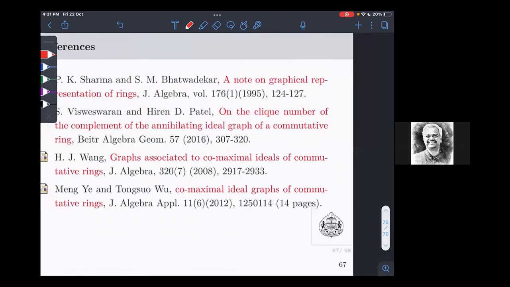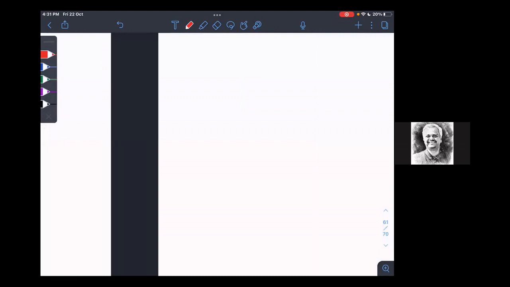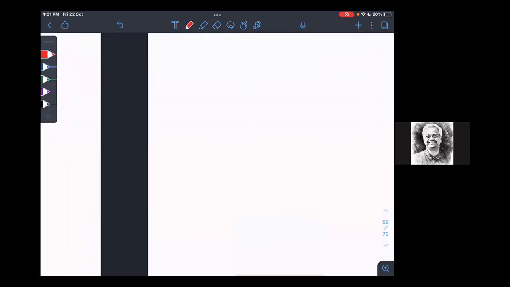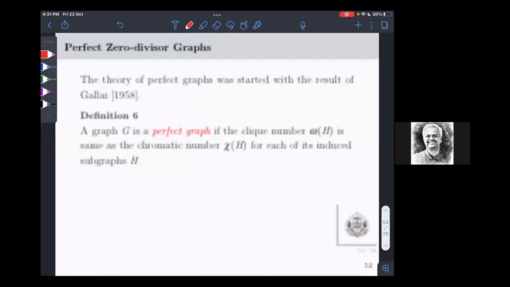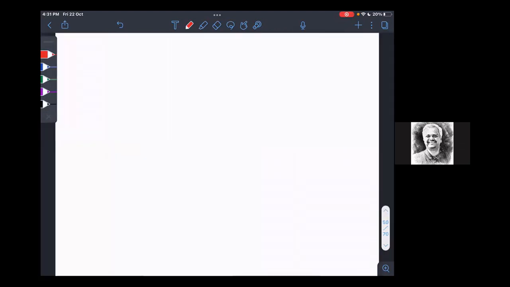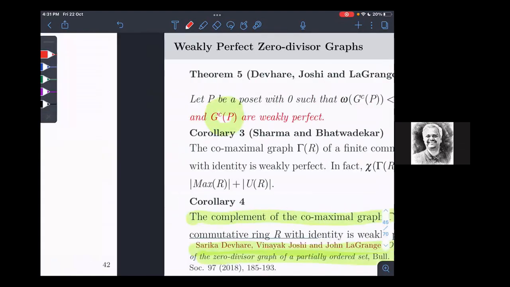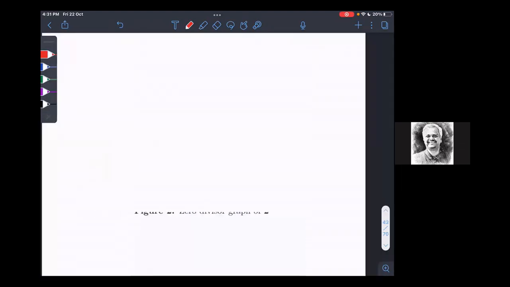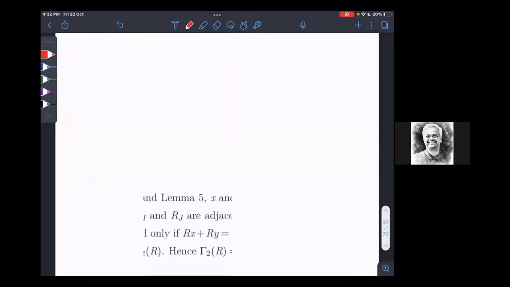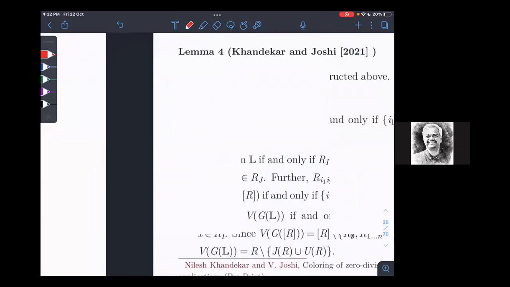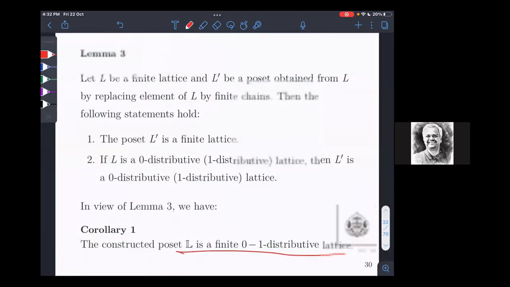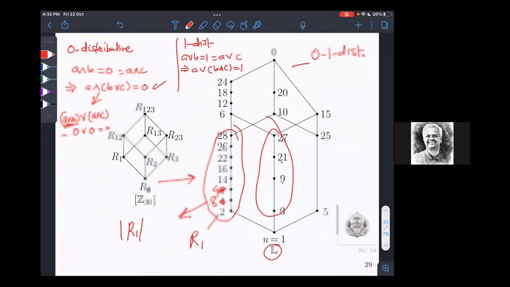You can see one example here, the same example which I considered. This is not modular in fact. N5 is there. So it's not modular.